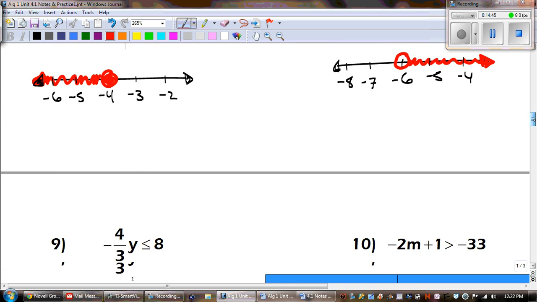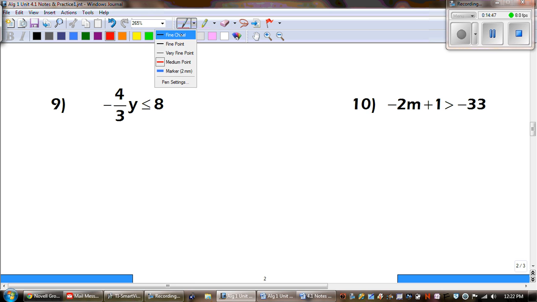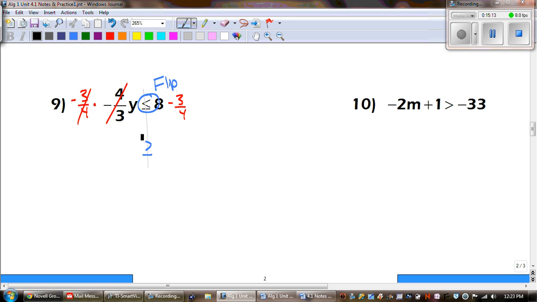So number 9, draw the line down the middle. Now, to get the y by itself with a fraction, I need to multiply by the reciprocal. And I'm multiplying by a, that's right, I'm multiplying by a negative. So what that means is we're going to have to flip that sign, okay?